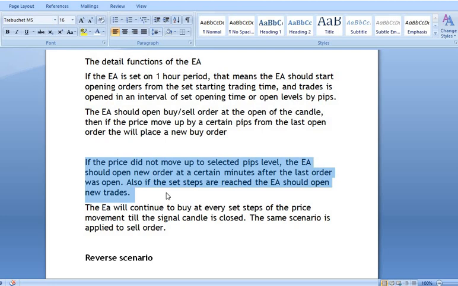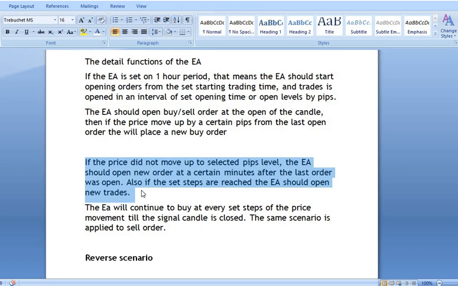That means there won't be any open trade in either direction. But because we say a certain minute, what I mean is this: let me say I set my minute at 5 minutes. That means every 5 minutes the EA should open a position.